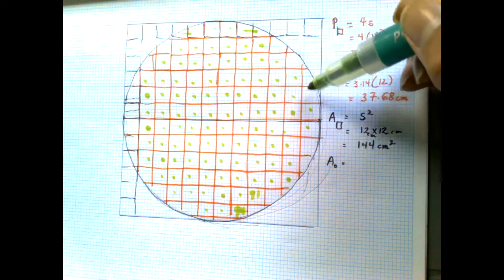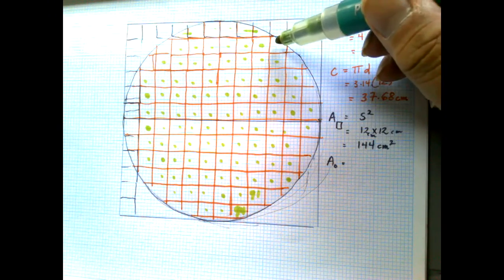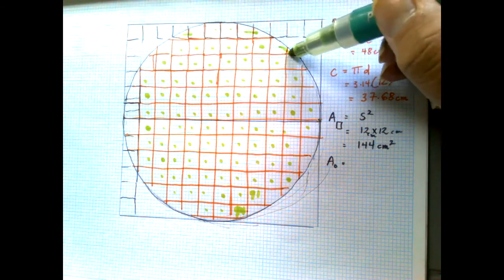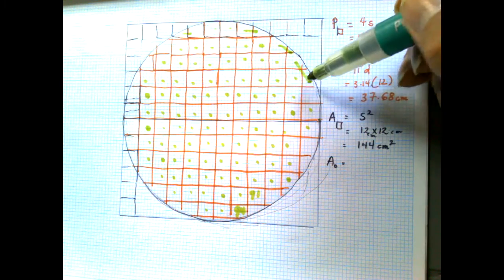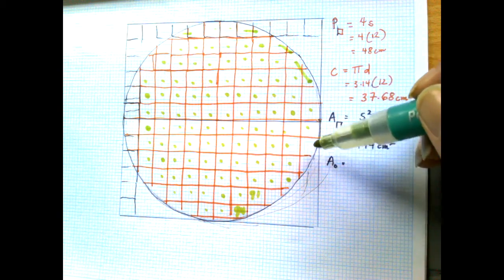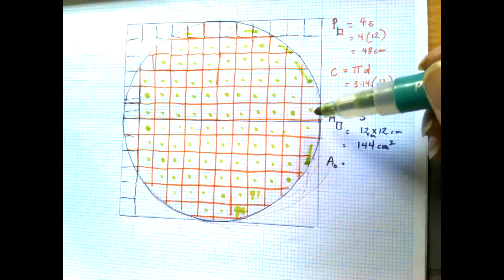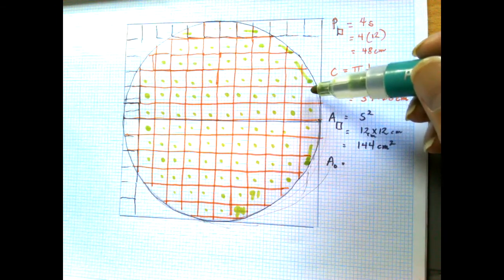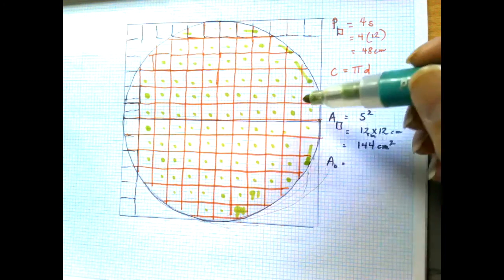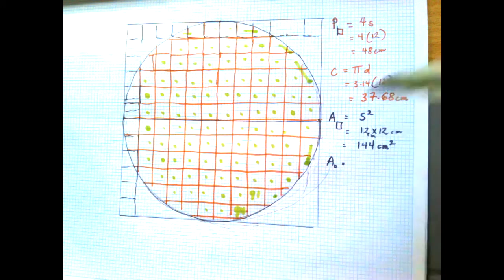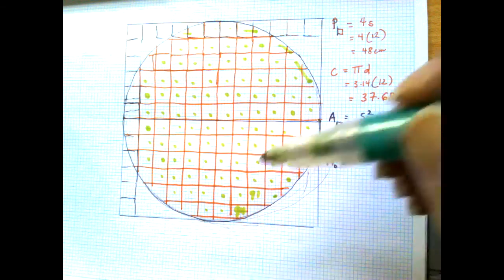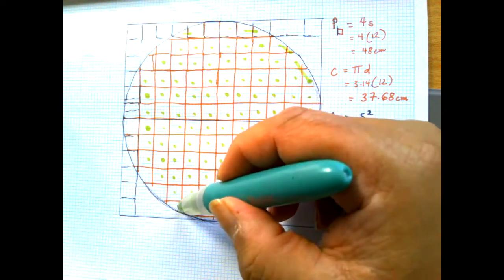Let's see, what about this? Maybe this one and this one is 99. This one is 100. So maybe this one and this one is 101, and 102. Let's see, maybe this is 103.